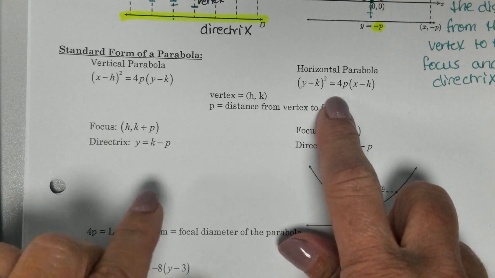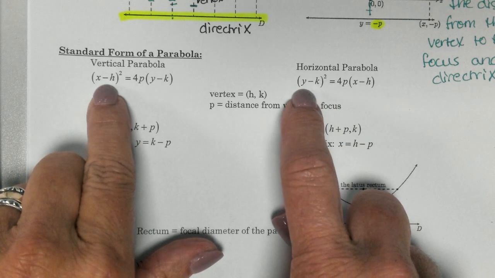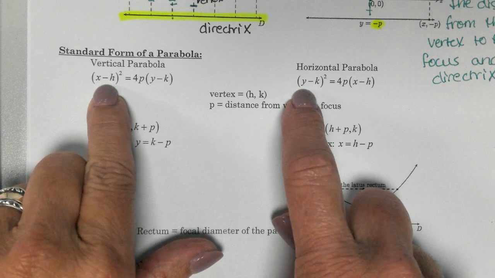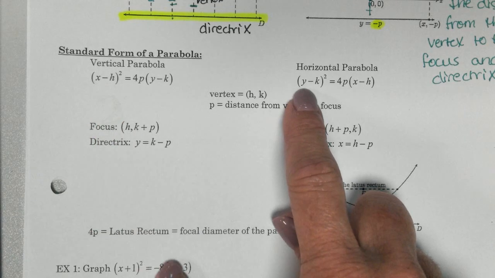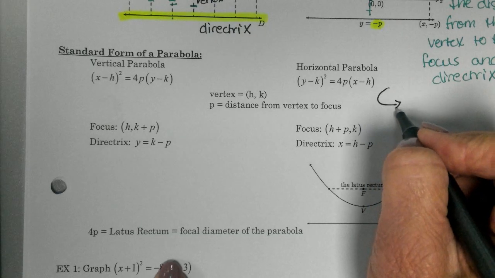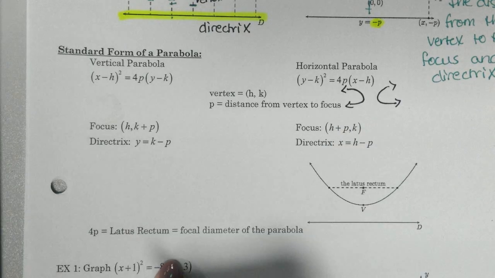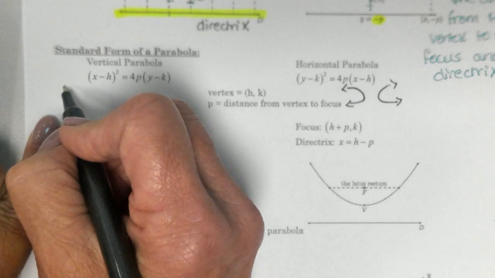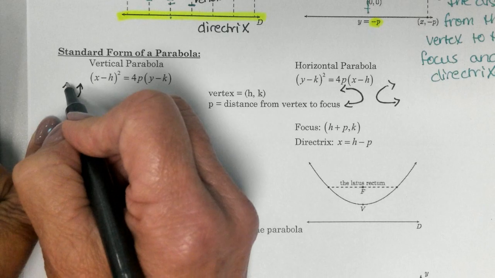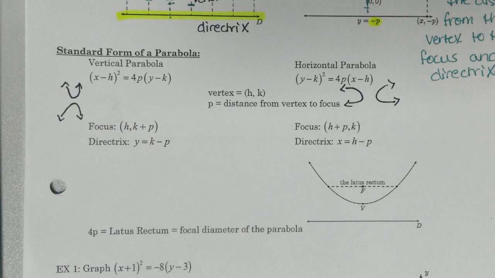And I want you to notice the difference in the equations. The y is squared in the horizontal, so it's going to be opening up sideways. It will be opening up like this, or a negative direction like this. And your vertical parabolas are going to open upwards if it's positive, or downwards if it's negative.